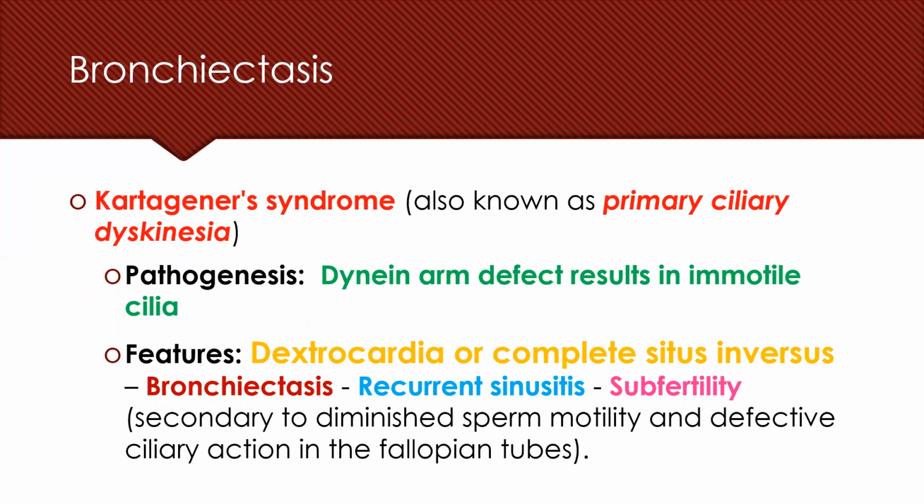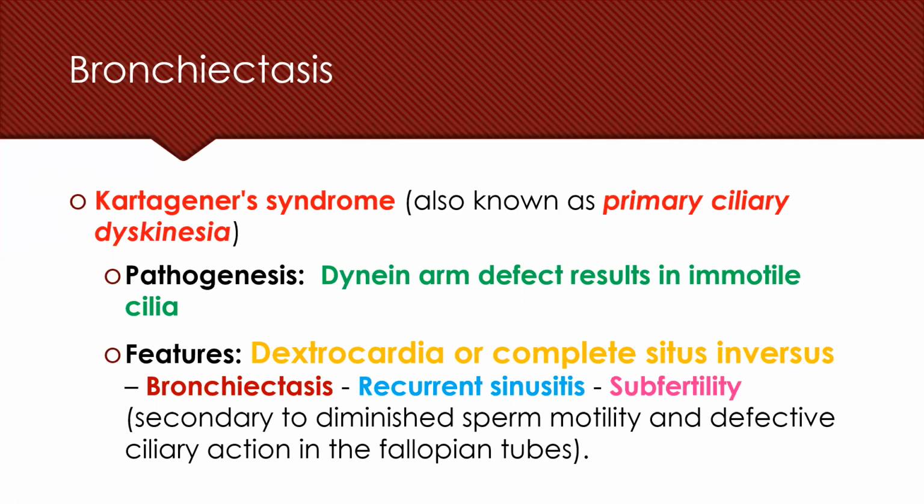Let's talk now about Kartagener syndrome, also known as primary ciliary dyskinesia. The pathogenesis here is that, as you know, the bronchi are lined by cilia. These cilia move in a certain way to get rid of the secretions inside the bronchi.